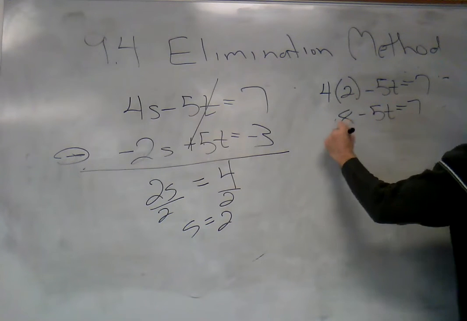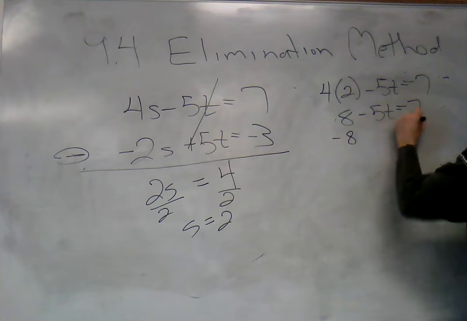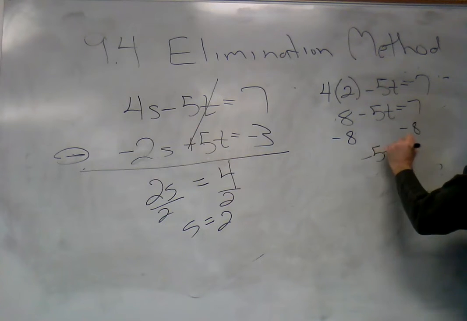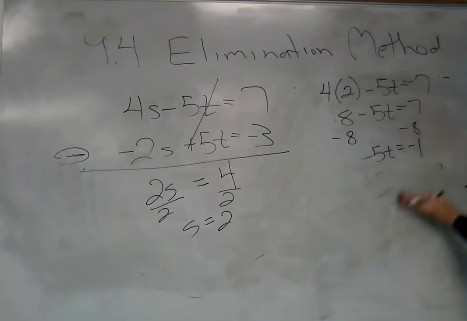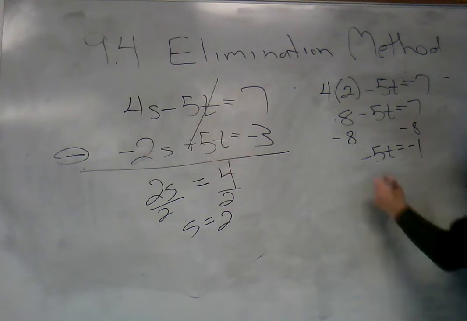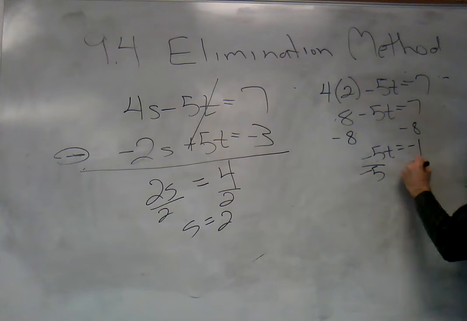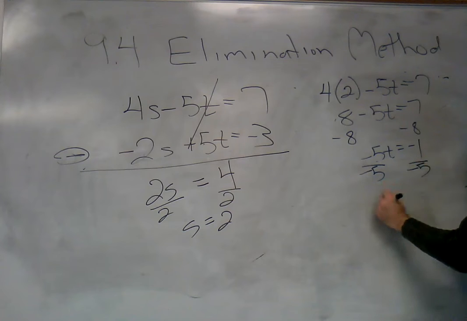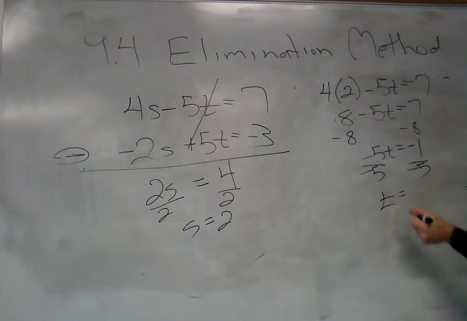So we subtract 8. Negative 5t equals negative what? So we divide by negative 5. t equals, negative by negative is positive, 1/5.